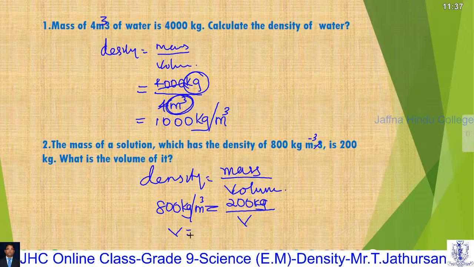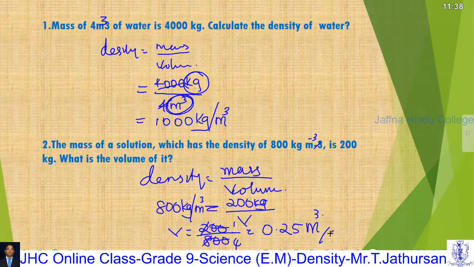V is equal to 200 over 800. 200 cancels, one by four, so 0.25 meter cube. Right?